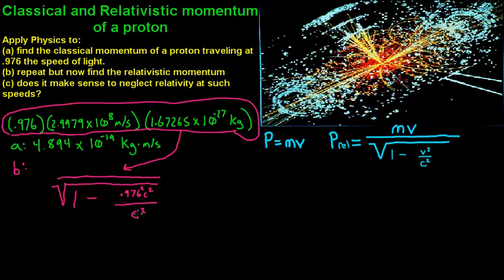Alright, so when you do that, you can get rid of that c squared, and you're left with 1 minus 0.976 squared. Okay, and of course, you're still going to have your top part. So let's go to the calculator.